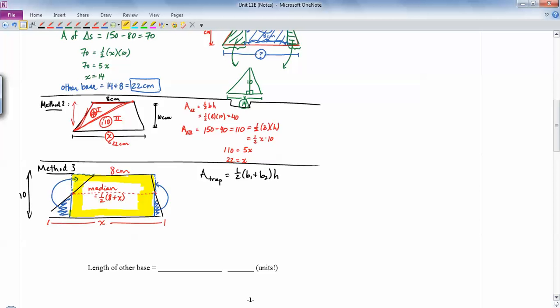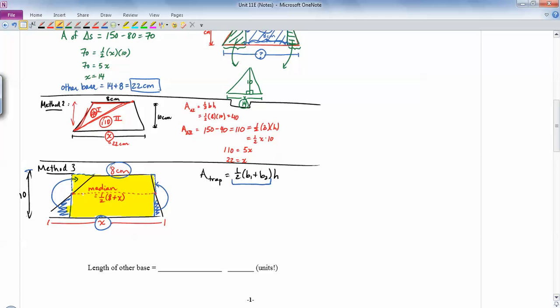The height is still 10, right? The width of it, though, is not 8, it's longer than 8 because it's got this blue part on the left side and the blue part on the right side. And it's not x because I've taken away the blue parts. It's the median. It's the average of 8 and x. So it's the average of the top base and the bottom base. That's how long that rectangle is.